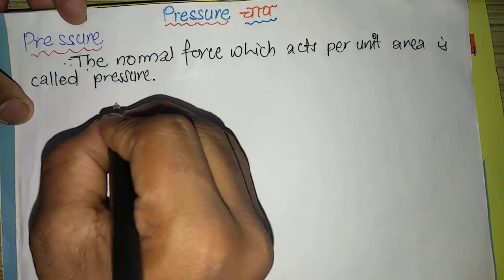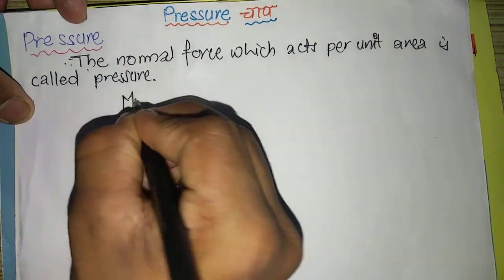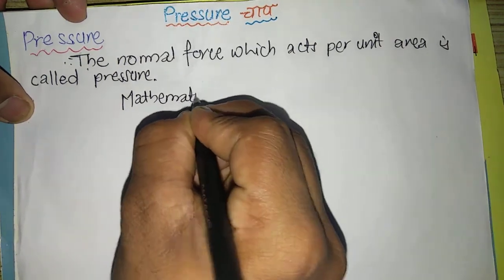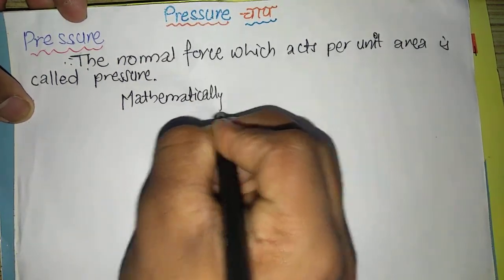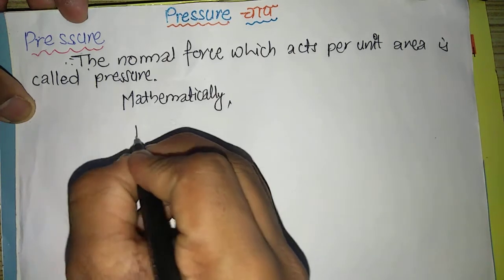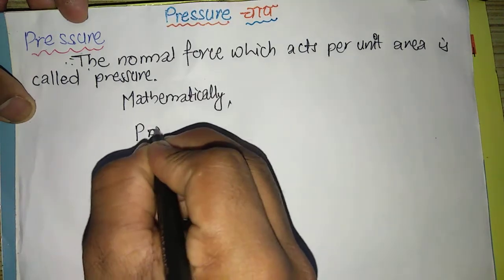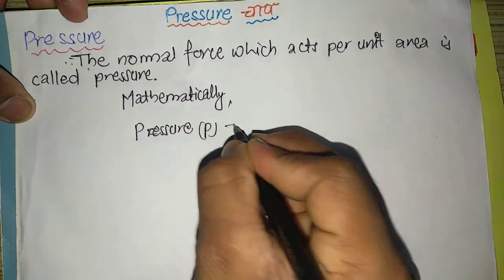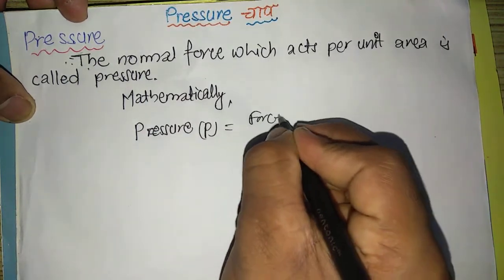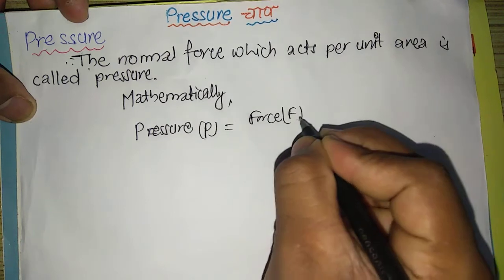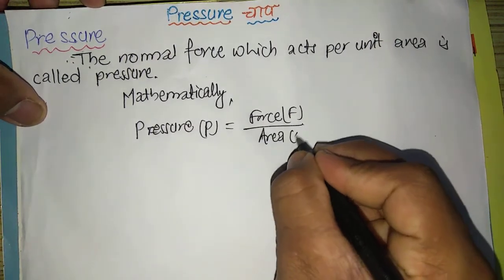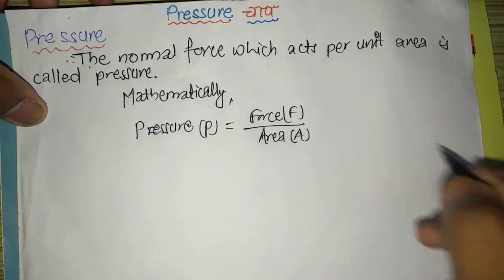Mathematically, pressure P is equal to force F divided by area A.